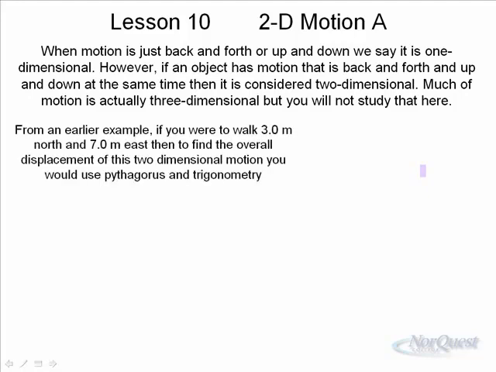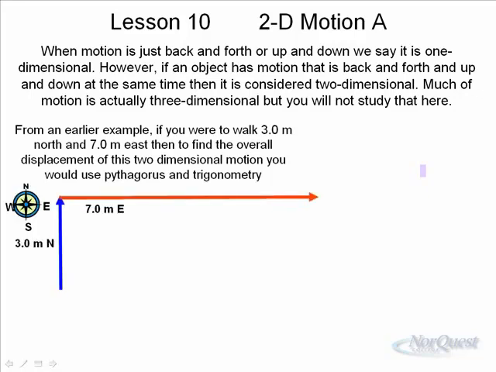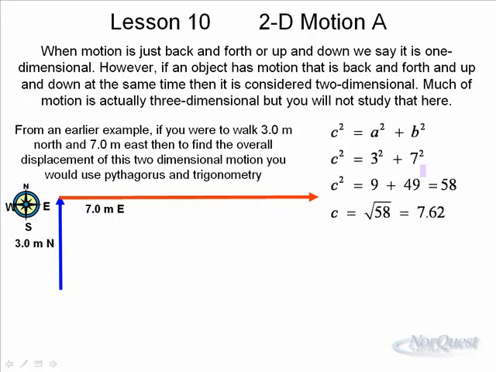So from an earlier example, if we walked 3 meters north and 7 meters east, then to find the overall displacement of this two-dimensional motion, you would use two tools, and those are Pythagoras and trigonometry. Pythagoras: c squared is equal to a squared plus b squared.